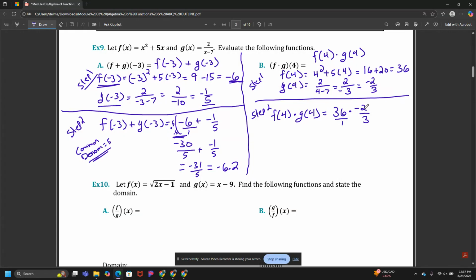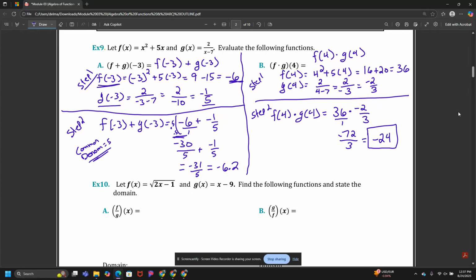You can just multiply across. So 36 times 2 is 72. Yep, because 30 times 2 is 60, and 6 times 2 is 12. 60 plus 12 is 72. So that's negative 72 over 3. And y'all will have to trust me with this because I forgot to bring up the calculator. But that gets you negative 24. Y'all can try that on your calculator and pause the video.